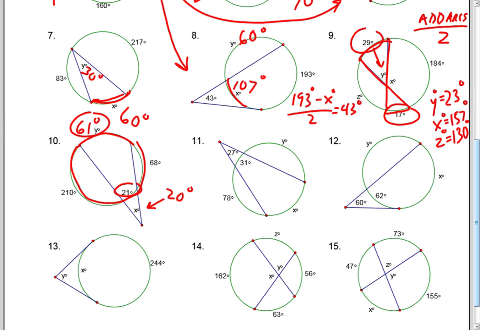For number 11, I've got to take x, subtract 31, divide by 2, that gives me 27. If I solve that equation, I get 85. Once I know 85, 78, and 31, that leaves how much for y? All right, 85, 109.